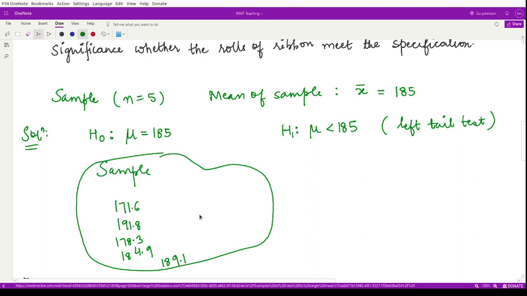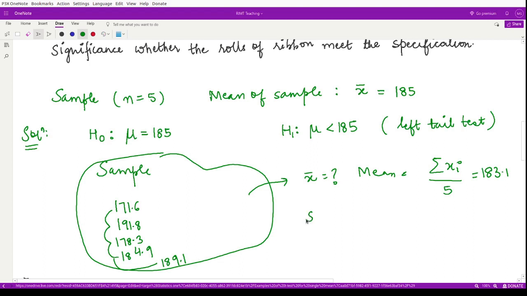These 5 values are given to you. First of all, you want to calculate x bar, the mean. You would add up all the data values and divide by the total number of elements, which is 5 in this case. So you will obtain the mean as 183.1.